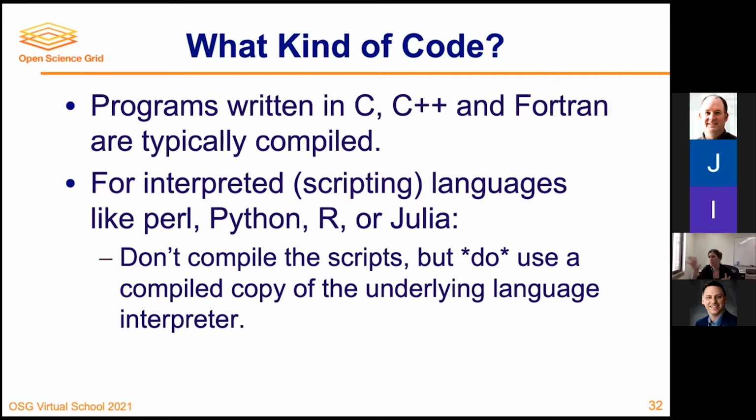Same with R and Rscript. So this is another flavor of what your software files can look like to run a job. Here you'd have a compiled interpreter and your actual script.